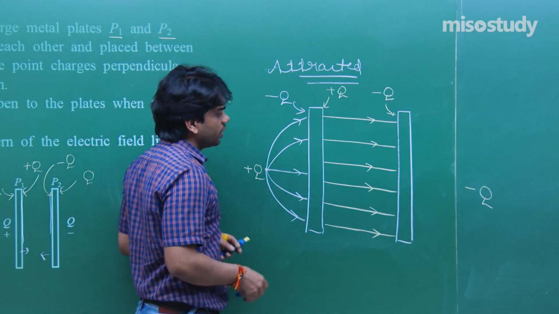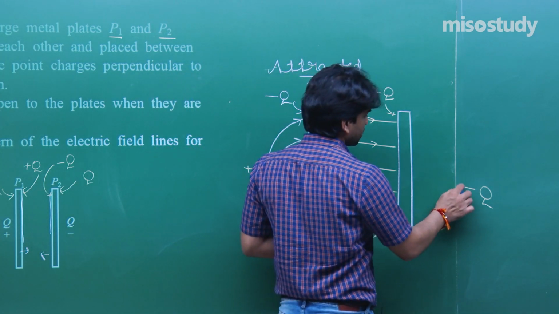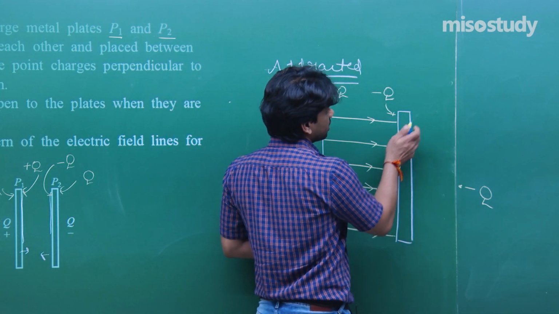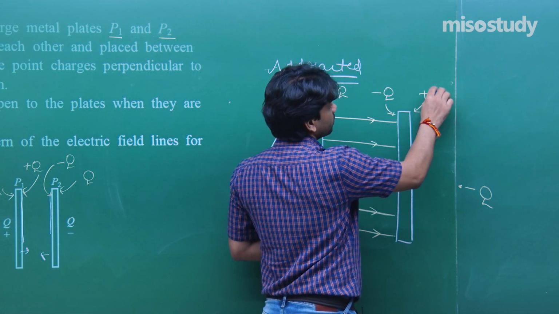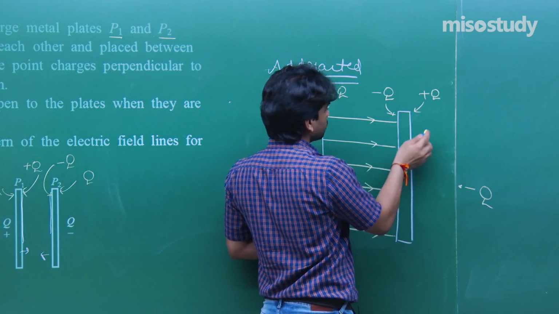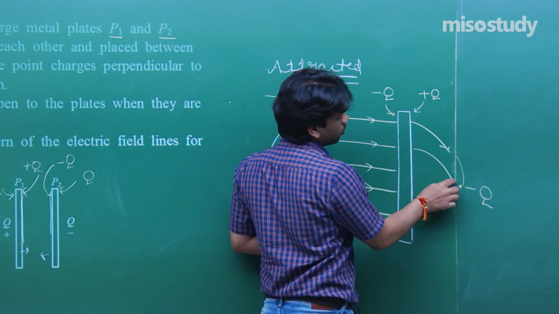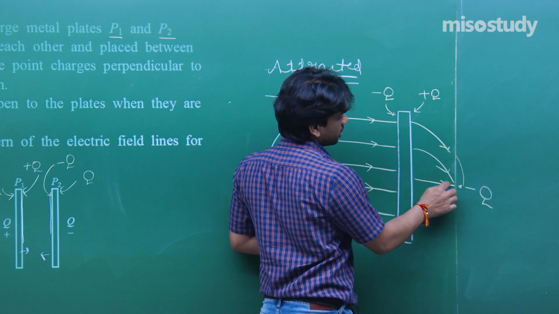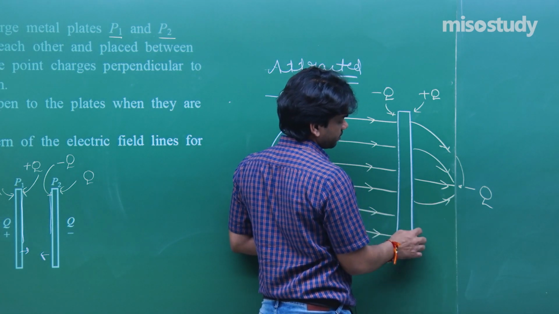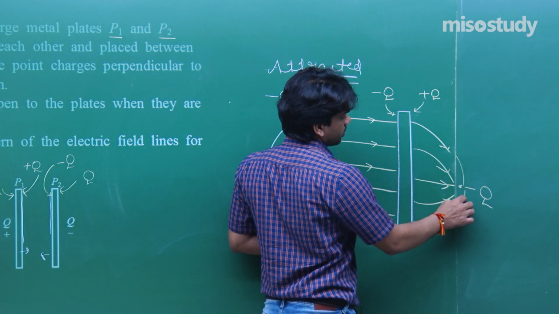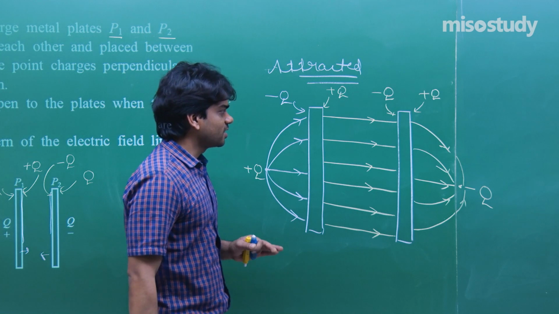This is the sense of field lines. Now for minus q charge, you may just see, I am drawing the sense, it's minus q and here plus q. Field lines will be moving away, so let me show you that they are moving towards this point charge. I believe that this case is clear to you all.